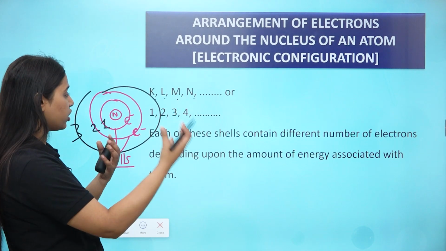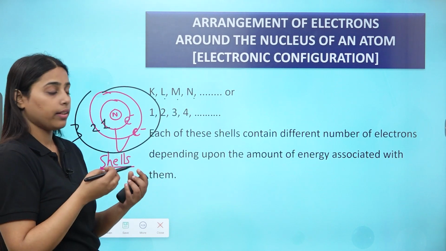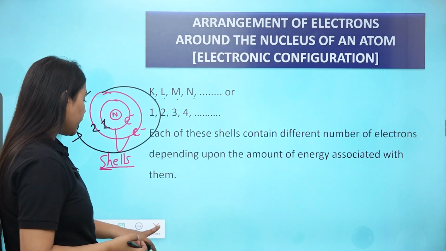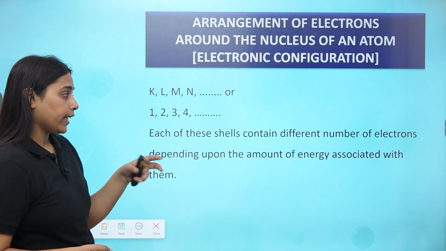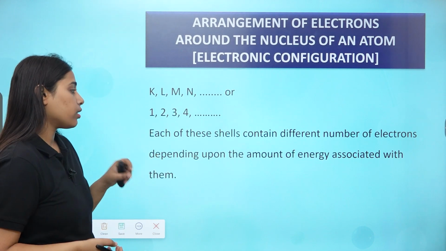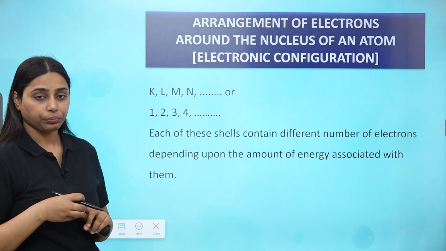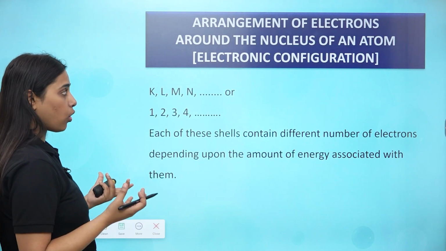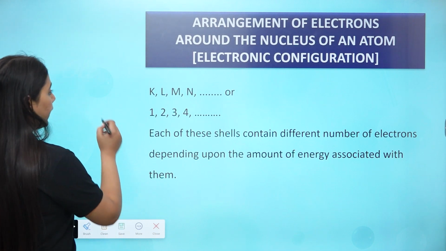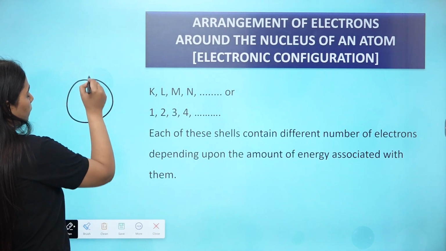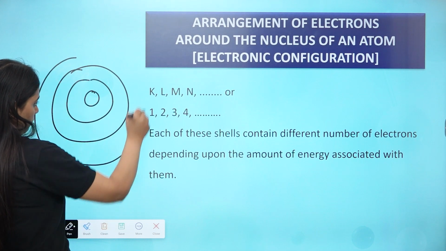So K is the first shell, L is the second shell. Each of these shells contains a different number of electrons, which depends on the amount of energy associated with them.